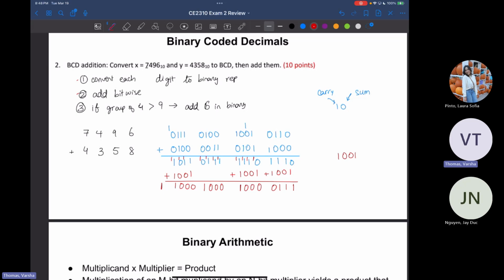It's important to note that for binary coded decimals, you do not discard your overflow bits, like this extra number here. What you're going to do instead is add a couple zeros in front of it. So your final sum here is 0, 0, 0, 1. Okay, I think I messed up on the addition somewhere. Give me a second.